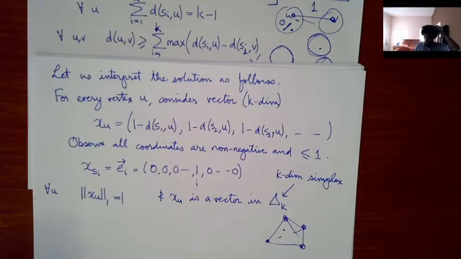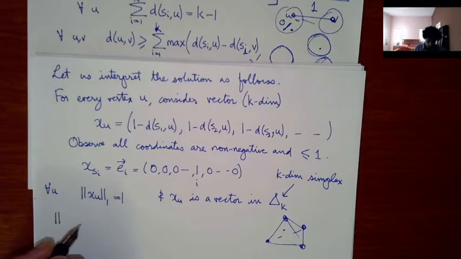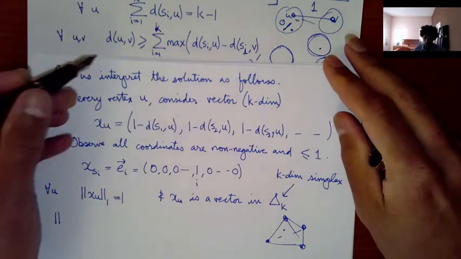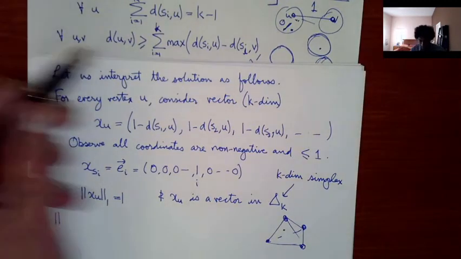But what is even better is, let's just say, and you can argue this based on the LP, suppose the distance between u and v was exactly this quantity.